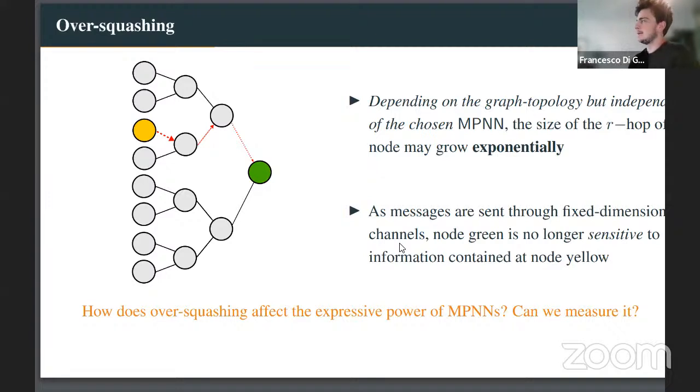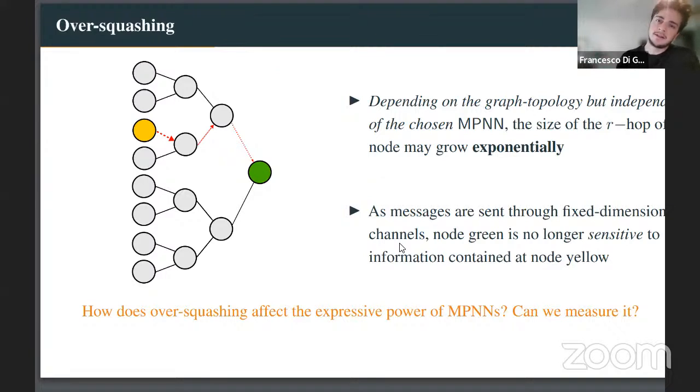In fact, when I describe oversquashing, I'm saying basically that there are certain functions, in the example of Alon and Yahav, functions that involve long-range interactions, so I need to exchange information between source and target that are very far away in the graph, that message passing networks fail to learn.